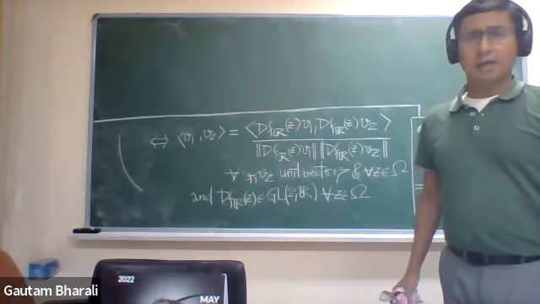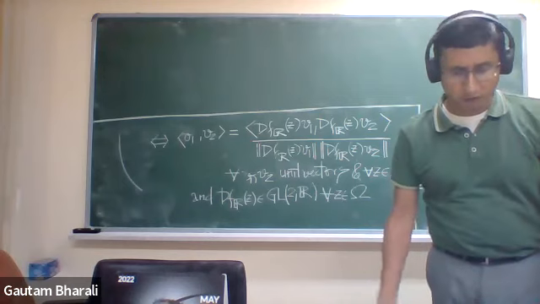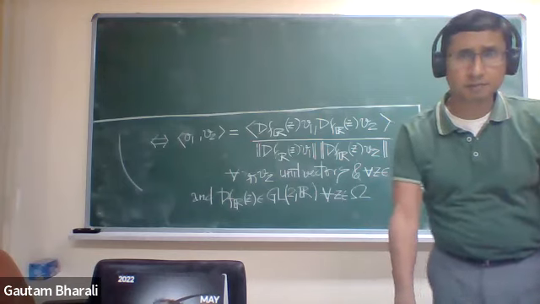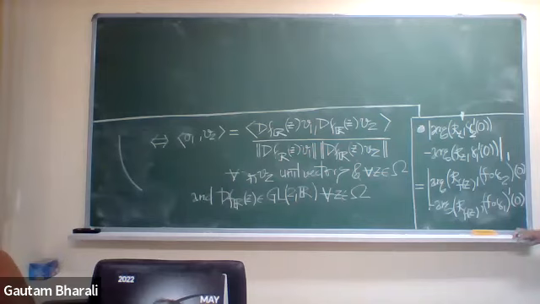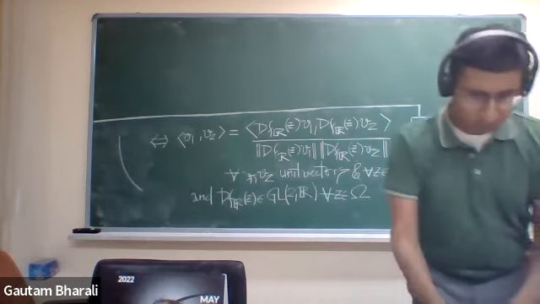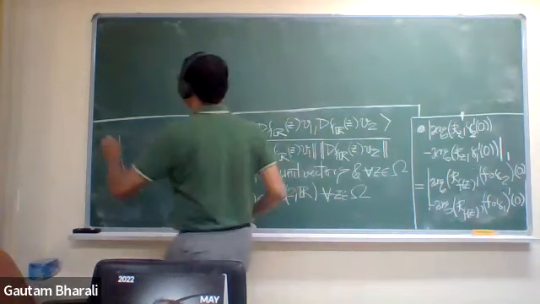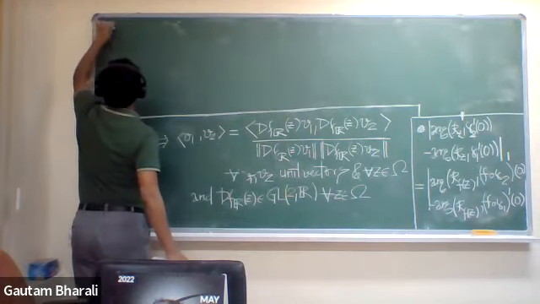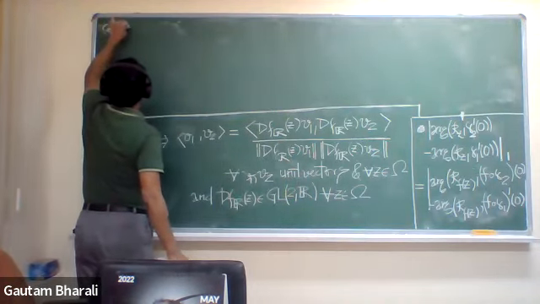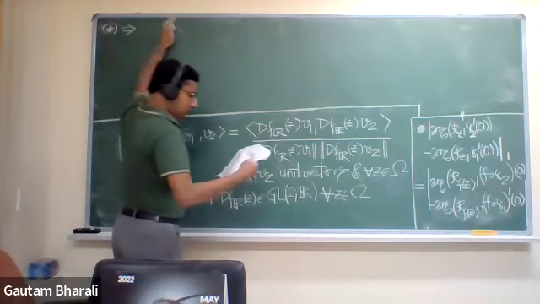So any other questions before we start doing some computations? Okay, so now I'm looking at an implication. So far, we were looking at if and only ifs. So this star is going to imply the following.